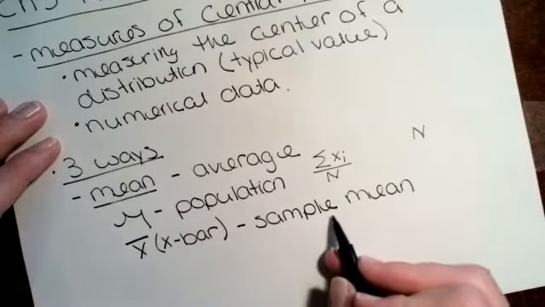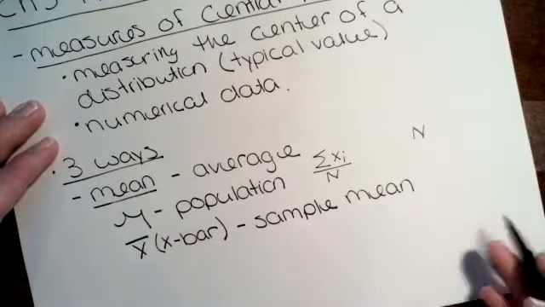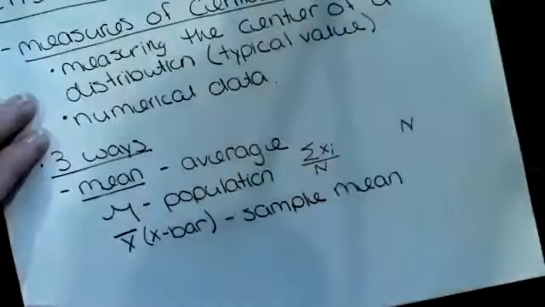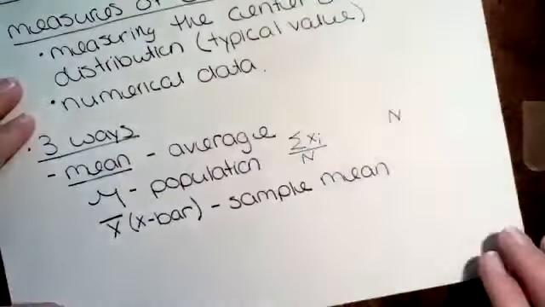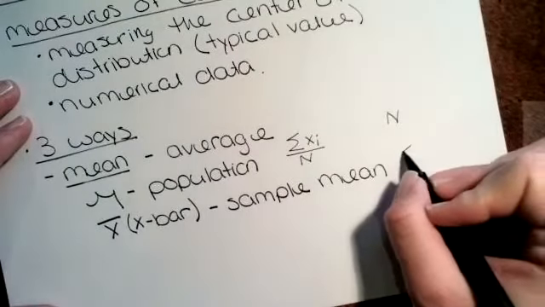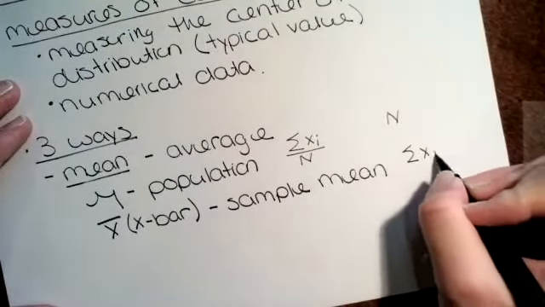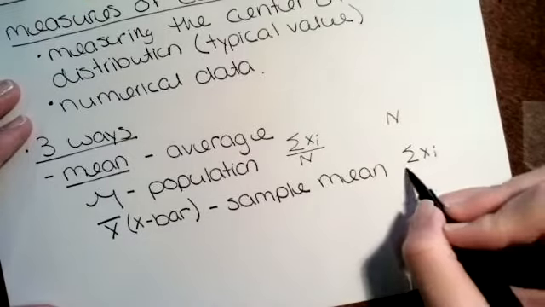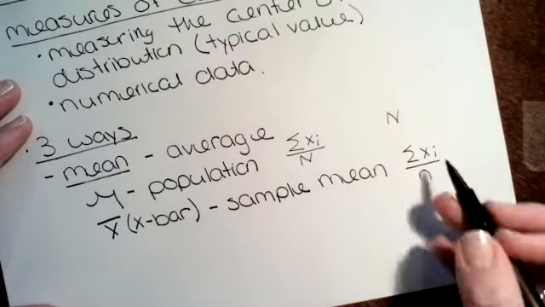And then for the sample mean, it's the same calculation. Okay, my sample mean, and this is the sum of all my data values. So sum of xi divided by lowercase n. So up here I'm going to write it.